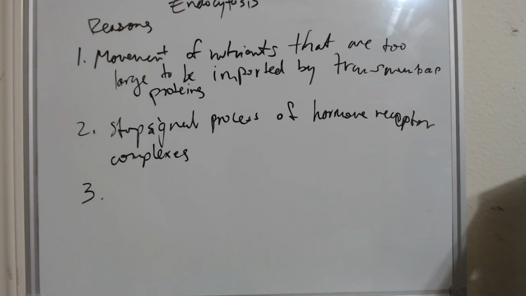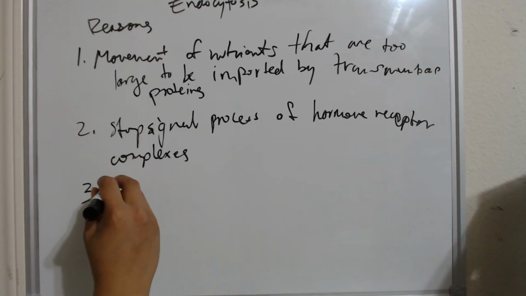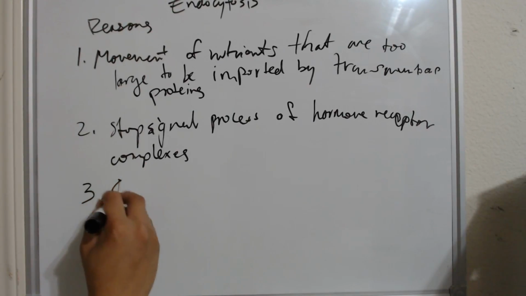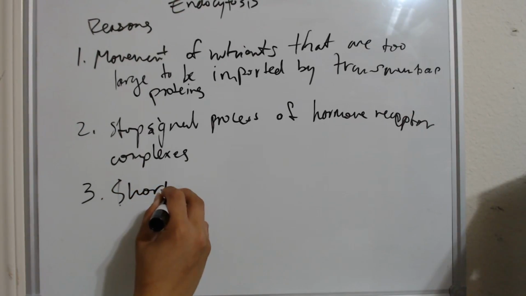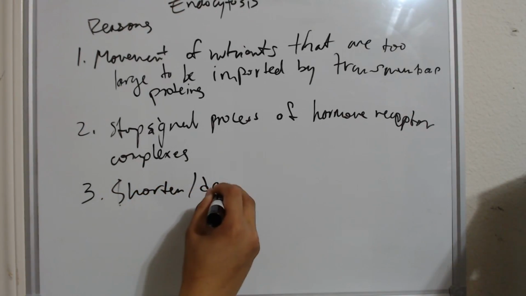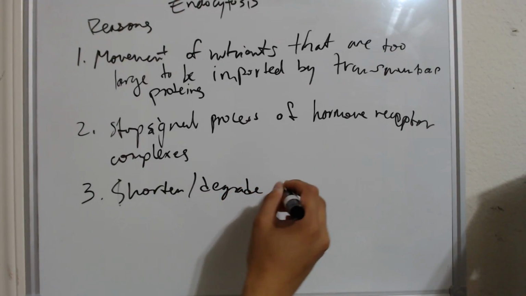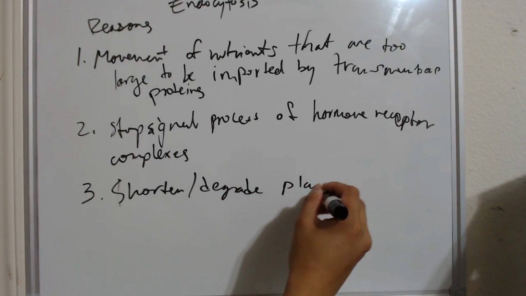What are they? Lysosomes? Something that destroys stuff. Anyways, the third one is to shorten or degrade part of the plasma membrane.